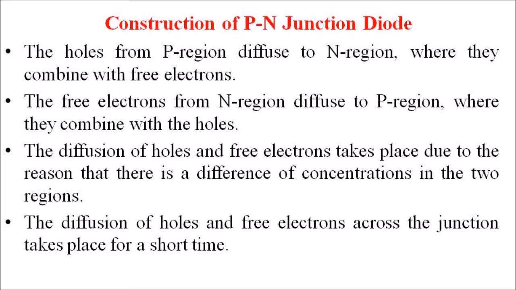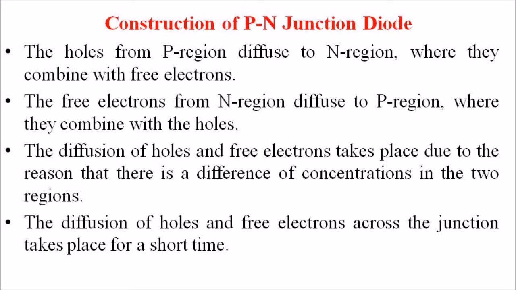Thirdly, the diffusion of holes from p region to n region, and free electrons from n region to p region, takes place because there is a difference of concentration in those two regions. This difference in concentration creates a concentration gradient across the junction, and it results in the diffusion of mobile charge carriers across the junction.